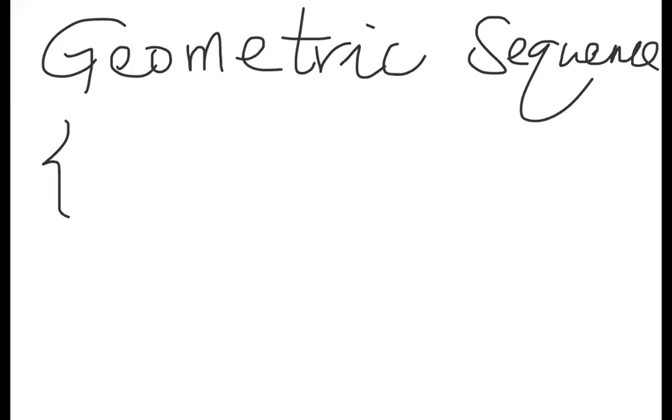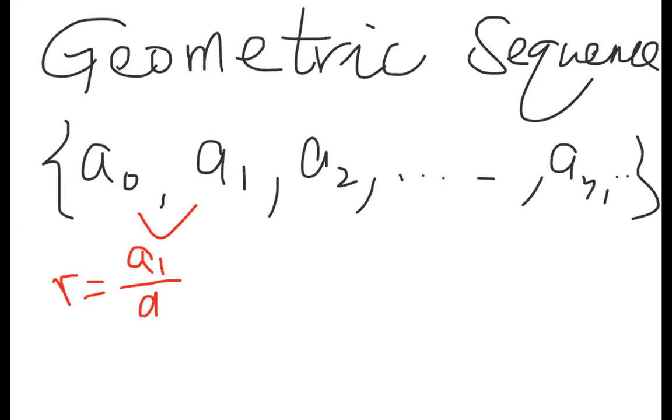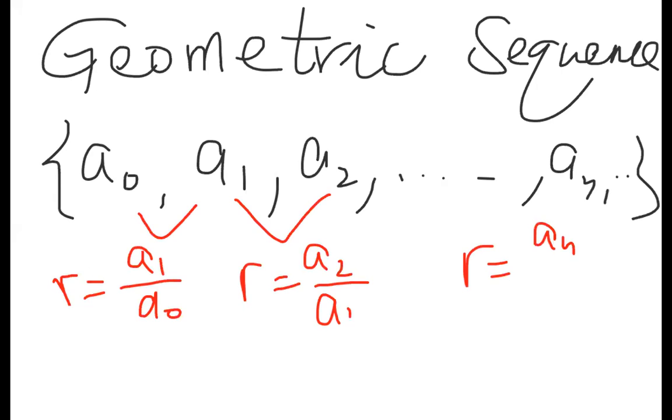Put it this way, you have a0, a1, a2, an. The ratio between these two numbers is the same as the ratio between these two numbers, and would be the same as an over an minus 1, from the current term to the last term.